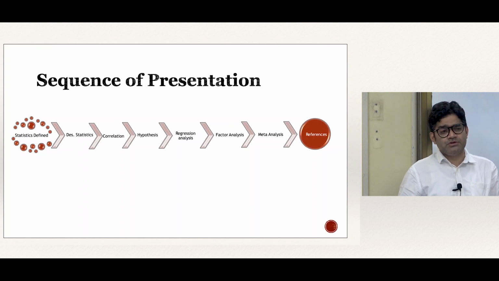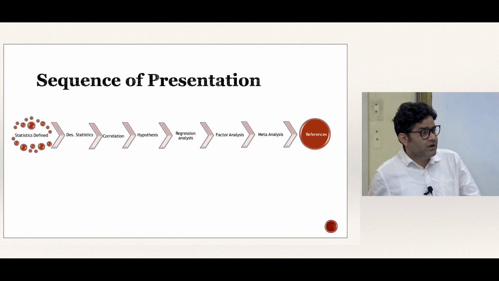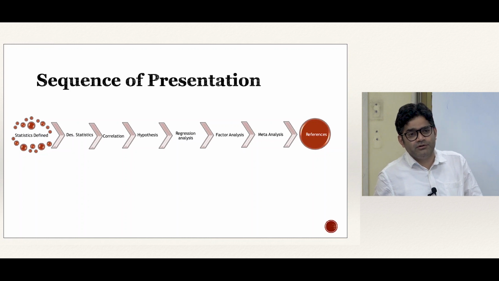So the first question which arises is what is the need of mathematics in medical sciences? Mathematics is basically dealing with certainty. 2 plus 2 is always 4. But if you are having a pregnancy outcome, it is not a certain event.